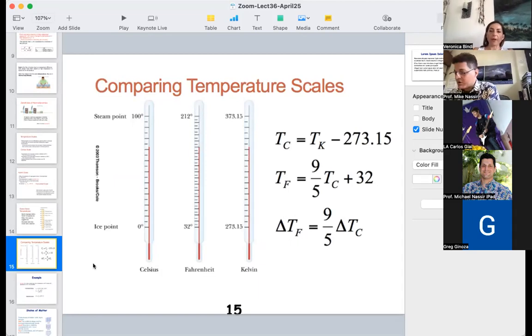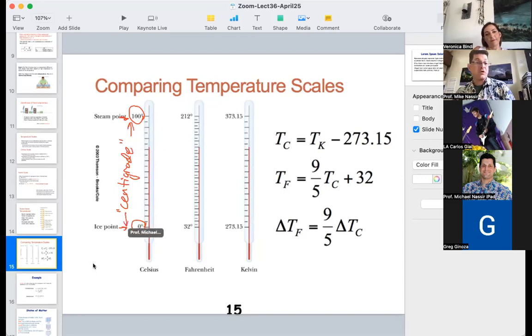So could I just add one comment? Of course. Because there are 100 degrees between the freezing point of water and the boiling point of water, we often say that this is a centigrade scale. I hope that everyone can see the origin of that word, right? Centi is 100.